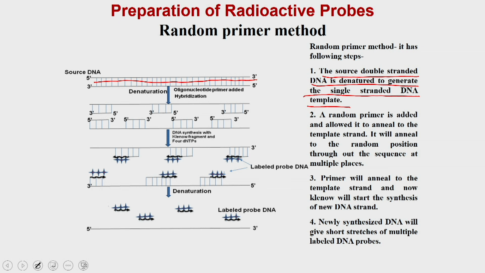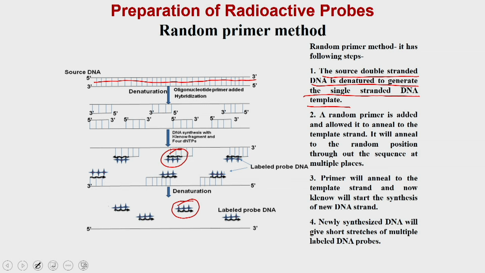That gives you the templates, and then the random primer is attached and anneals to the strands, and then you add the Klenow fragment as well as the nucleotides to synthesize the DNA. In this process the Klenow fragment incorporates the radioactive nucleotides instead of the normal nucleotides, and that is how you produce the radio labeled probe.